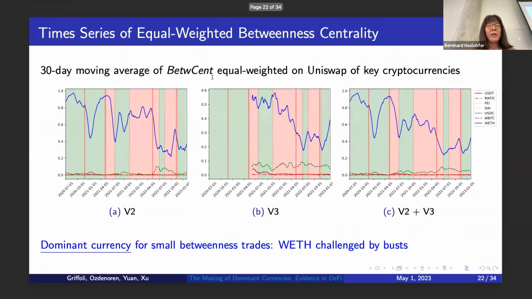Right. We'll also look at it as a vehicle currency, as a medium of exchange. What are the features for these top leading coins?